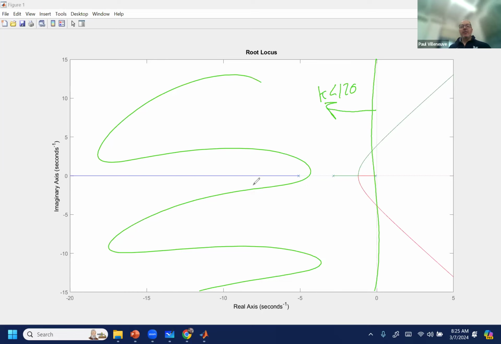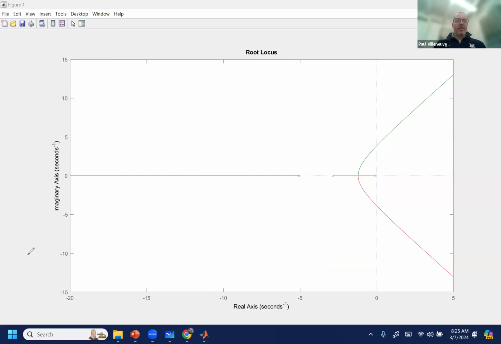So what we need to do is we need to be able to draw these things without actually having to do a ton of calculations. We'll do some, but we won't have to do all of them. So we'll do asymptotes, angle of asymptotes, centroids, breakaway, break-in points, j omega axis crossings. We'll do all those. All right, any other questions on the lab?